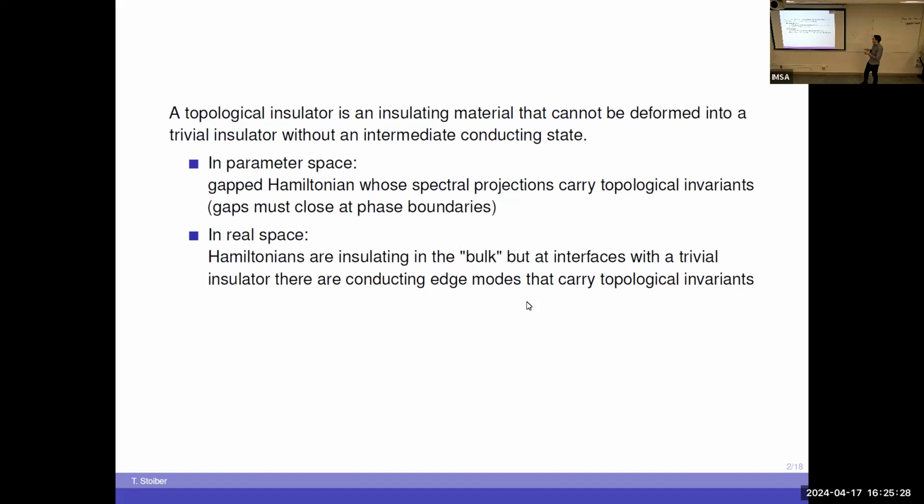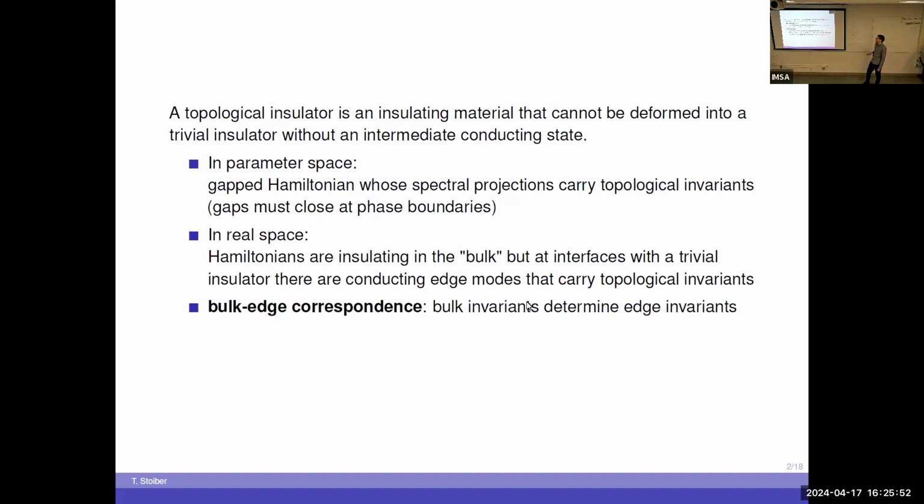Now in principle and in practice, those two are not the same, they do not give the same classification, mostly because there can be more invariants if we classify in parameter space. So spectral projections can have topological invariants which do not lead to edge states, or only lead to edge states for certain boundaries, like weak topological invariants.